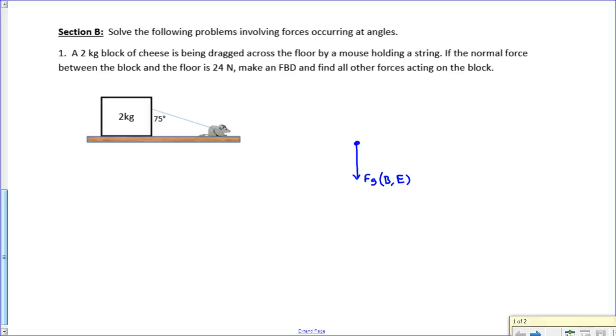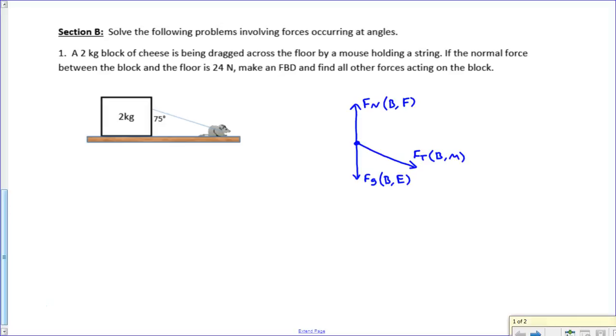All right, we've got a normal force going upward. This is Fn on the block, and it is by the floor. Then we've got a force that's kind of going off down to the bottom. This is a tension force, F tension on the block by the mouse.